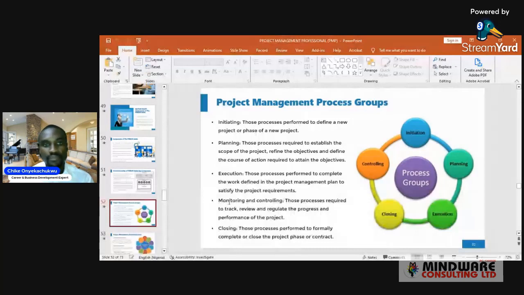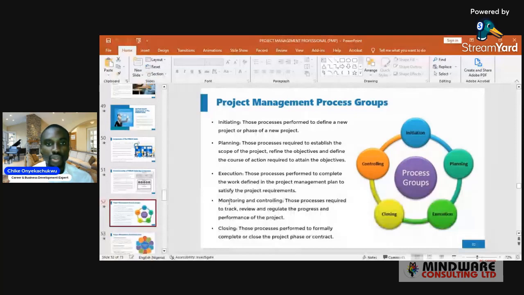This includes the activities in your project management process that help you to identify, define, combine, unify, and coordinate the various processes and project management activities within the project management process groups.